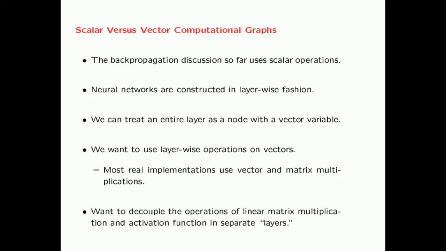And then we want to use layer-wise operations on vectors. So for example, a linear matrix multiplication turns out to be a multiplication with a matrix. And an activation function turns out to be an element-wise application of an activation function on a vector. So in this case, we are also decoupling the linear matrix multiplications and the activation functions in separate layers.